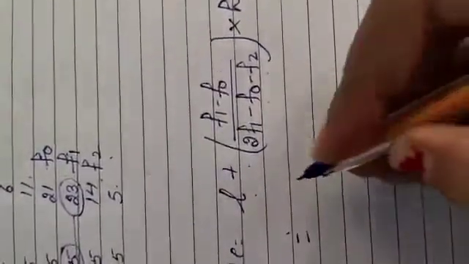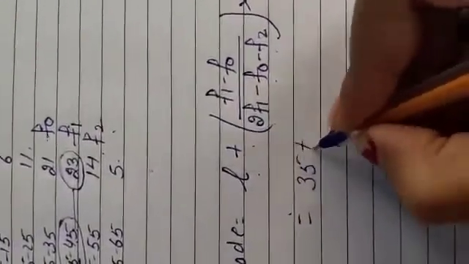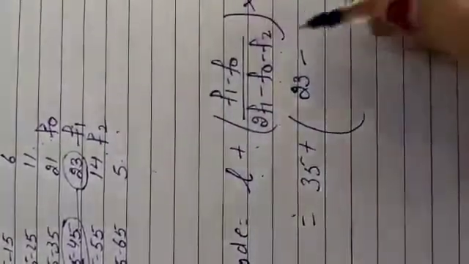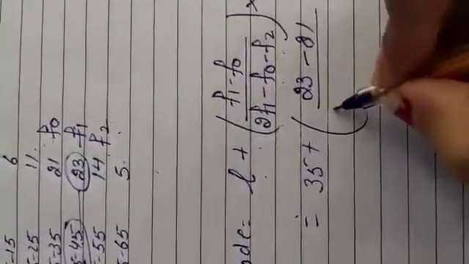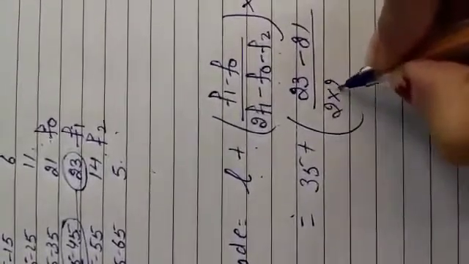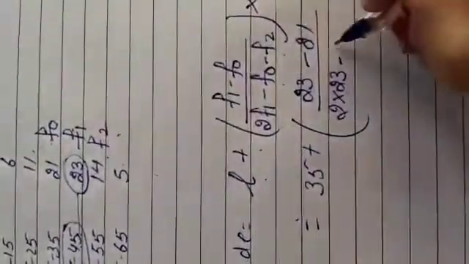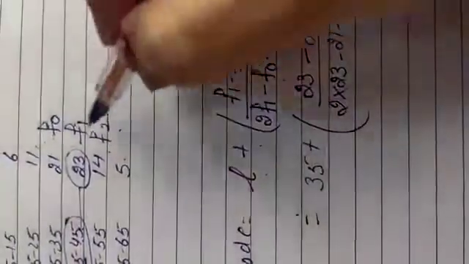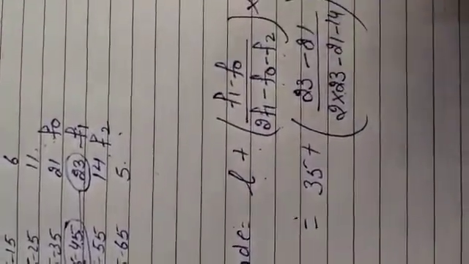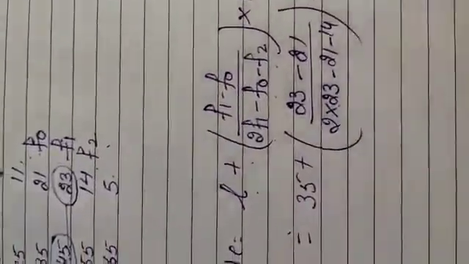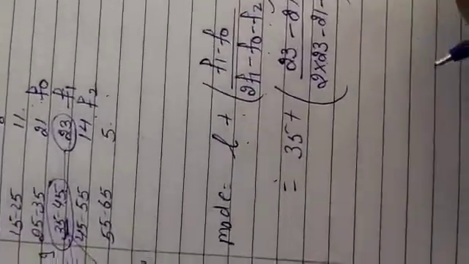So L is equal to 35, plus f1 is 23, f0 is 21, 2 into f1, which is 23, minus f0 value 21, minus f2 value 14, and the width of the interval h they have given us is 10. So now solve the information.